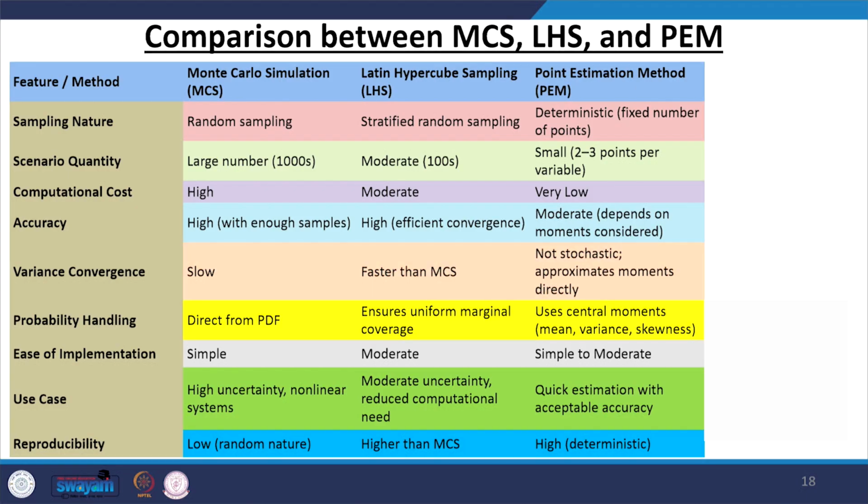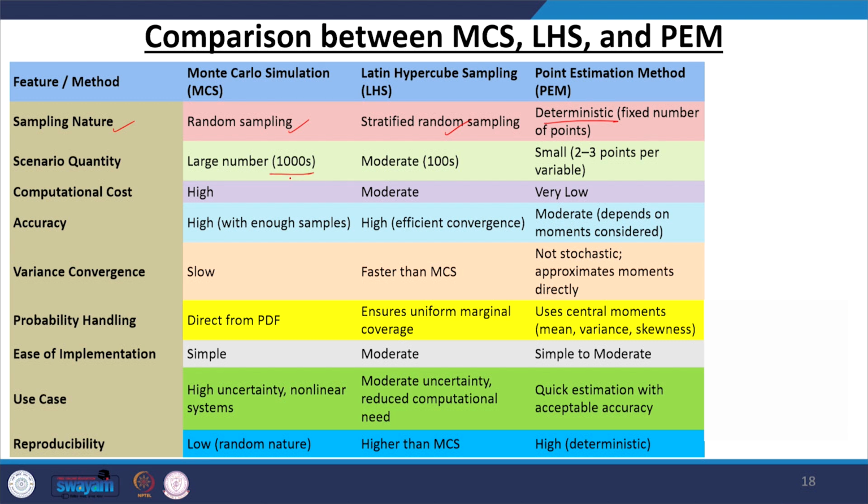There is a comparison table of it. You can see the sampling nature. Monte Carlo simulation is random sampling. For Latin hypercube, we take stratified random sampling. That means we are doing it in a very good manner, and for point estimation we get deterministic sampling, a fixed number of points.